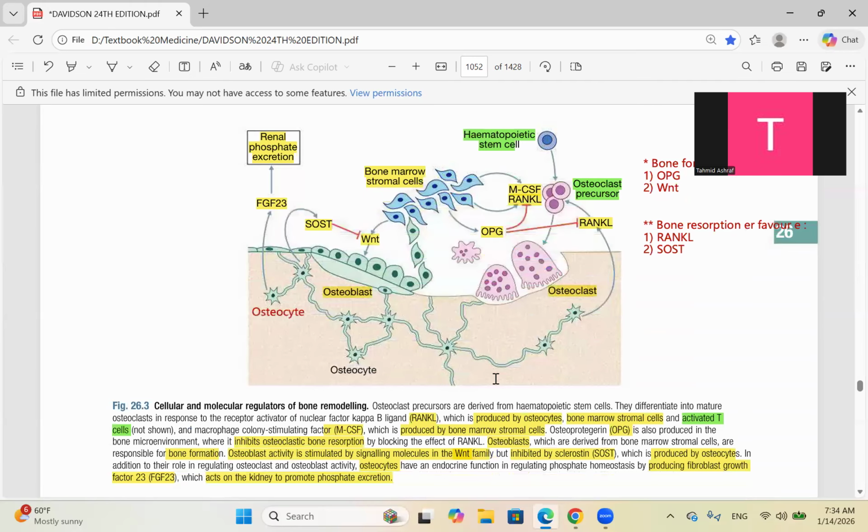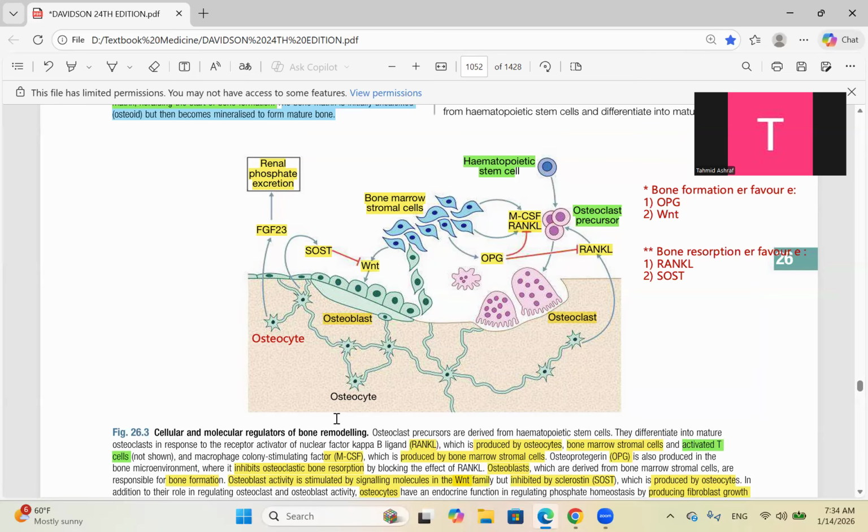Let's come to this figure. The heading of this figure is cellular and molecular regulators of bone remodeling. When we say remodeling, there will be mainly 2 things. One is bone formation and the other is bone resorption.